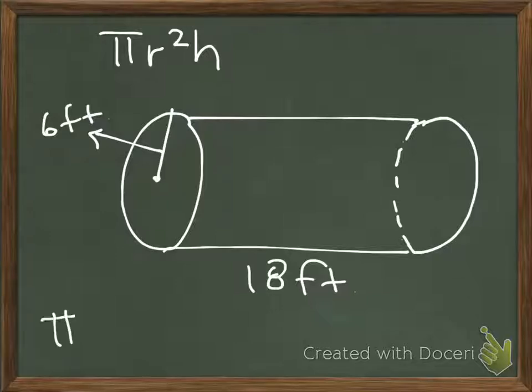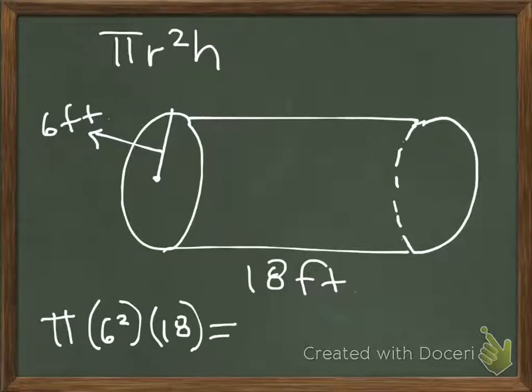So pi times 6 squared times 18 gives us our answer. So we get 18 times 36, which gives us 648. Since this is going to be finding volume, we're going to label it with feet cubed.